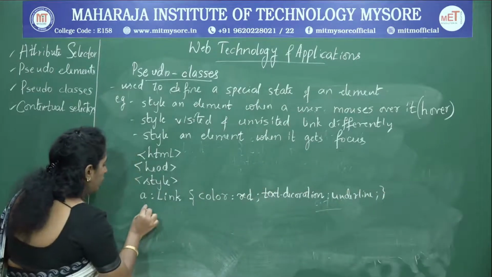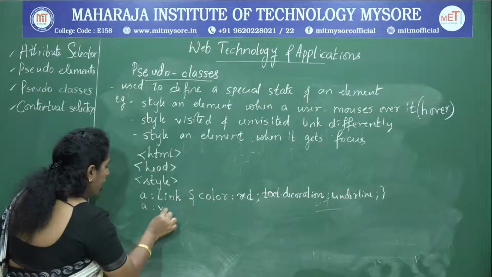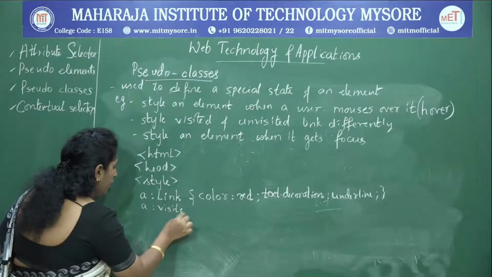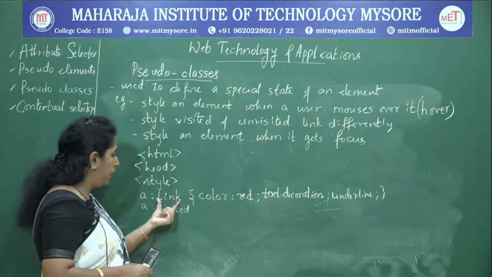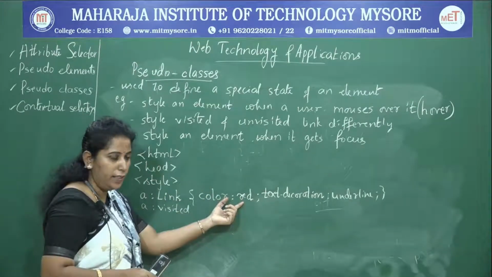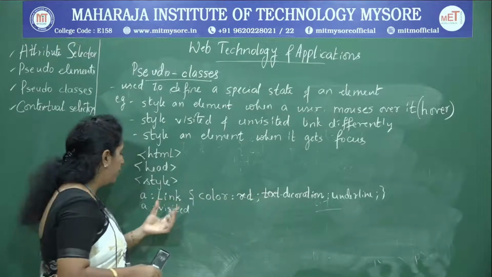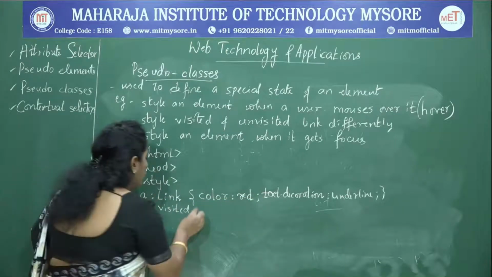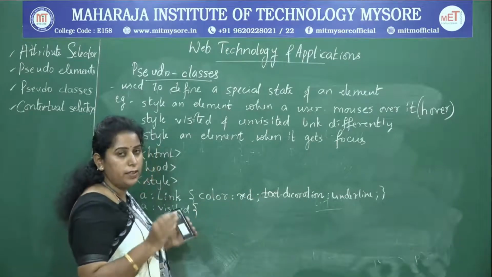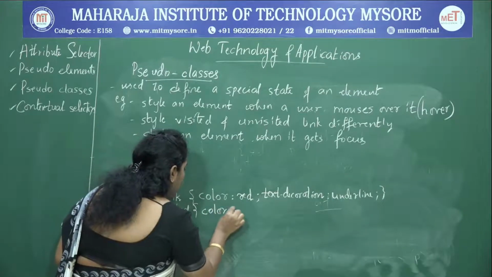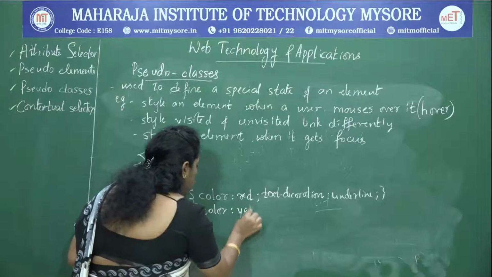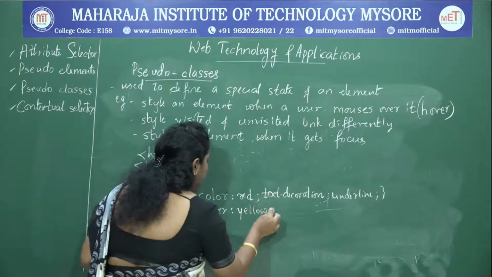Understood? So next, after this I will say visited. An unvisited link should be displayed in this red color, and it should be underlined. For a visited link, by default it is purple color, but whichever color you wish, you can change the property. I am going to say yellow color for a visited link.